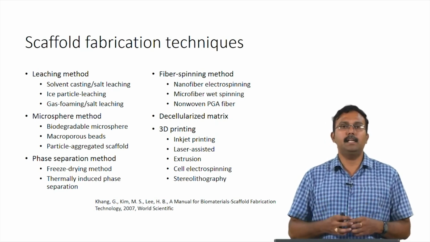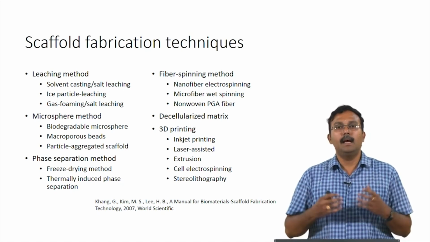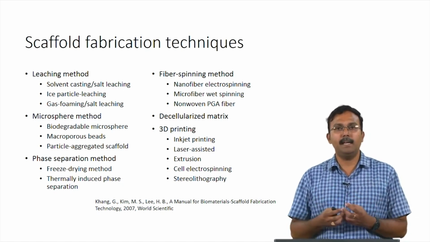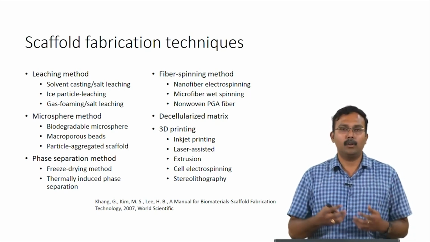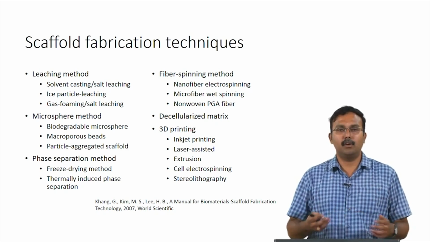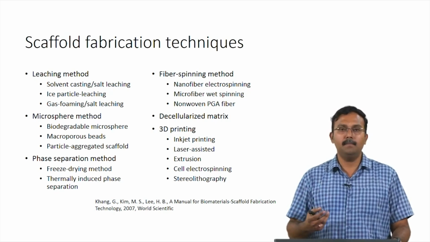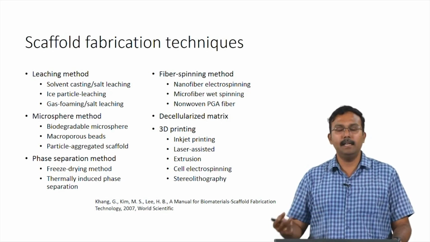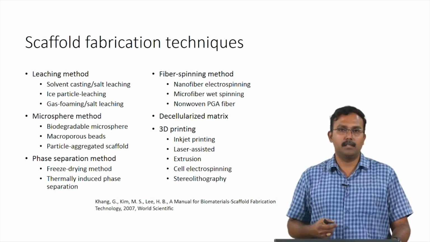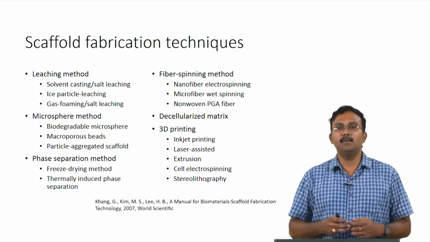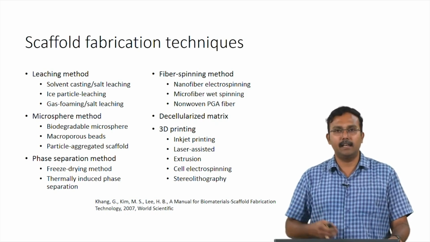So, the ink will basically contain the material which you want the scaffold to be formed with, and this can be used for fabricating scaffolds based on the design we need using AutoCAD and other CAD based software. So, here you can also load cells along with them and print the 3D structure for the tissues. So, we will be talking about this in a future lecture. So, there is also another strategy which is called as self assembly. So, that will also be discussed in detail in a later lecture.